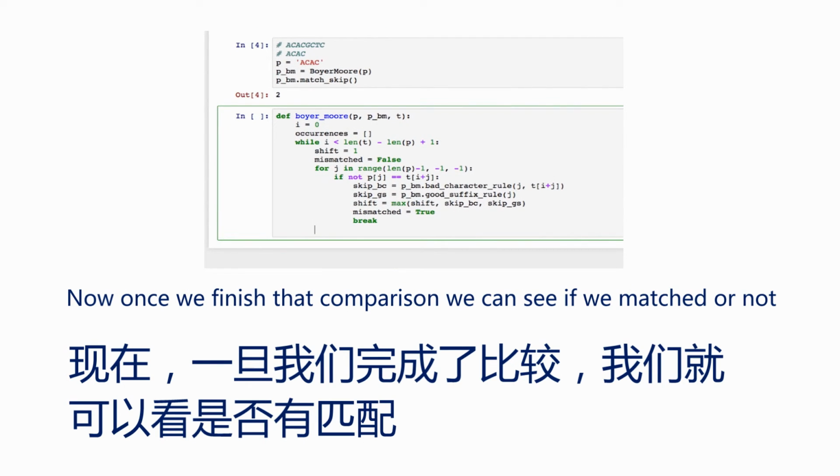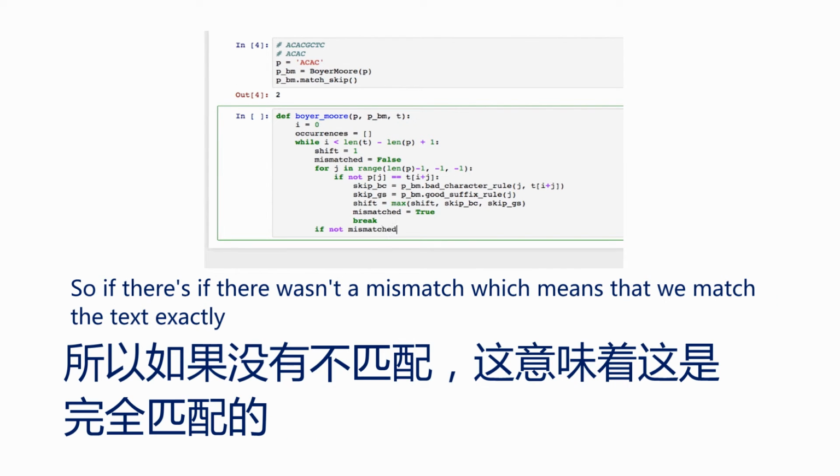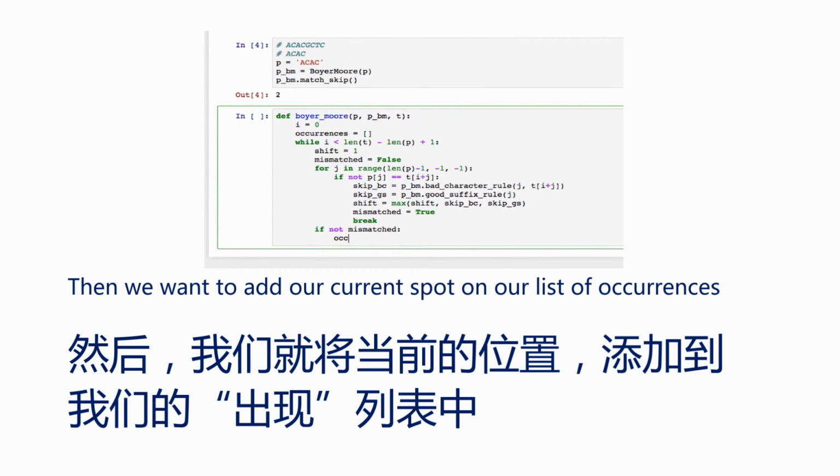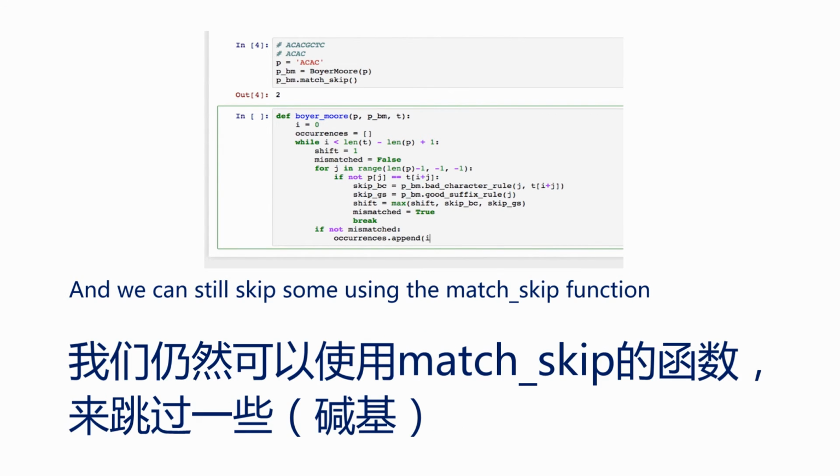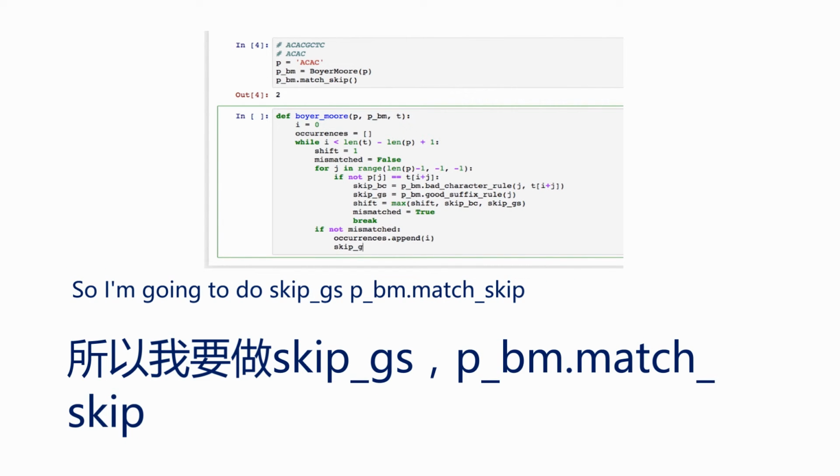Now, once we finish that comparison, we can see if we matched or not. So if there wasn't a mismatch, which means that we matched the text exactly, then we want to add our current spot onto our list of occurrences. And we can still skip some using the match skip function. So I'm going to do skip GS equals pbm.match skip.